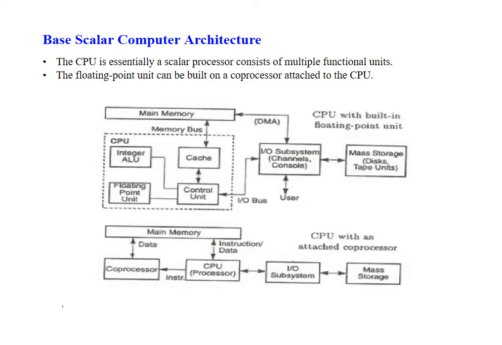Here there is an option of direct memory access, and finally it goes to the mass storage, that means the disk units. The other portion, CPU with an attached co-processor, works with the main memory, and the main memory is two-way connected with the co-processor and the CPU, and those are connected with the input output bus subsystems, and finally it goes to the mass storage.